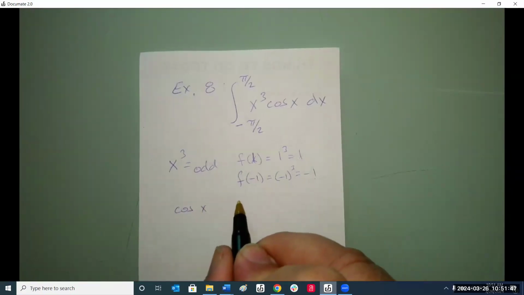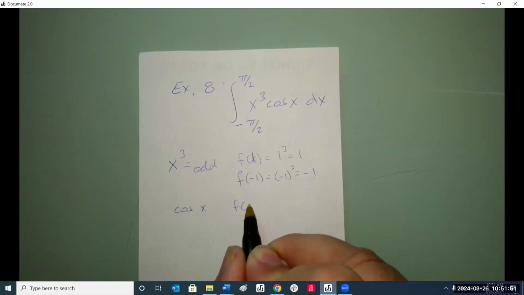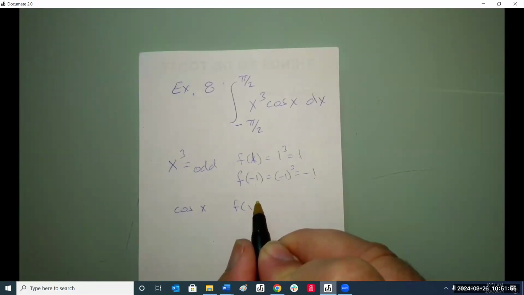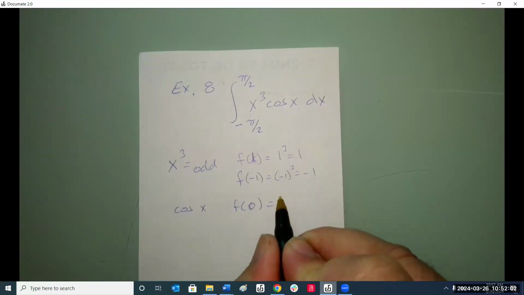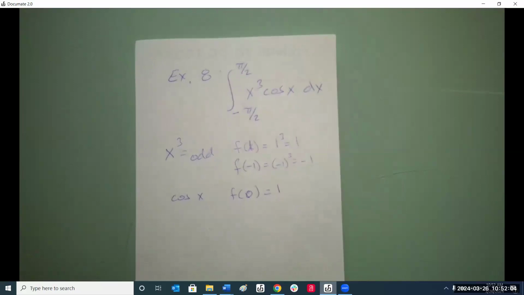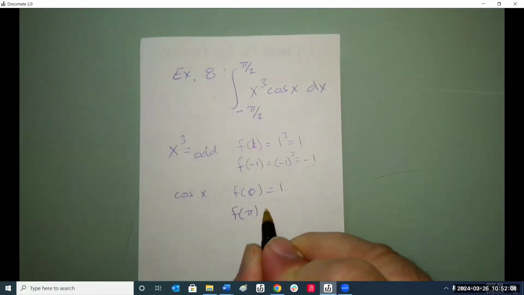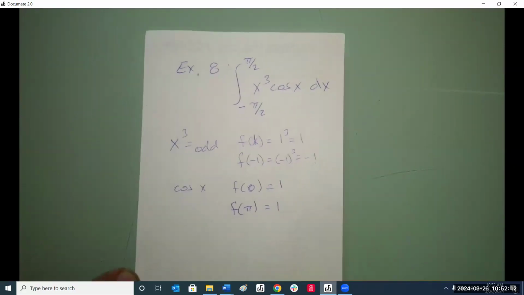Cosine, on the other hand, at cosine of zero, it's 1. And the cosine of pi is not 1, it's negative 1.